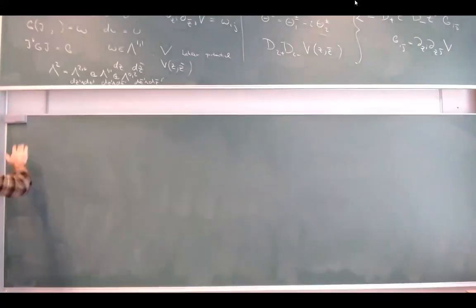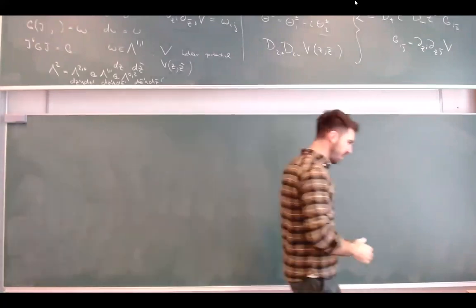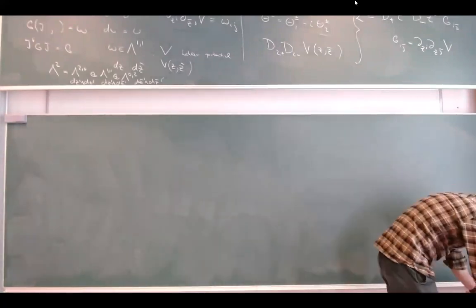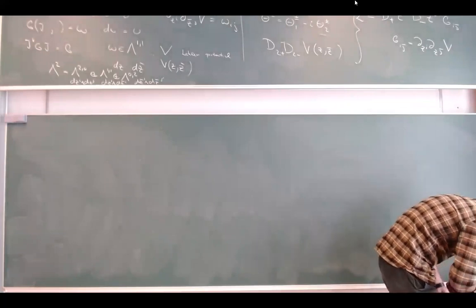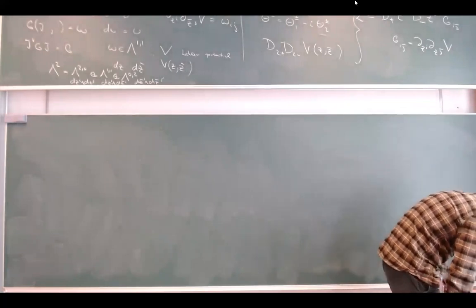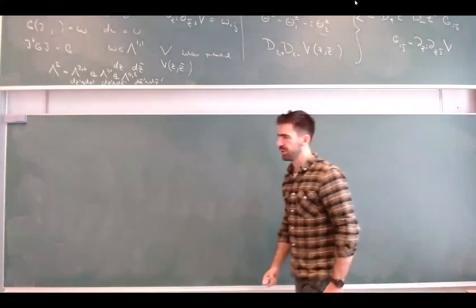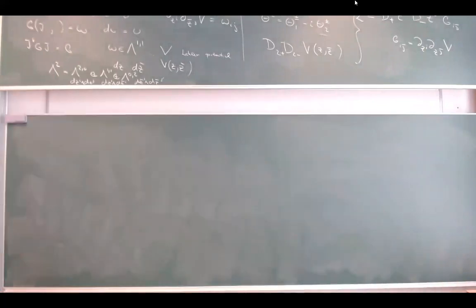Okay, so now I'll explain for the Kähler case how I construct the doubled 2,2 model.